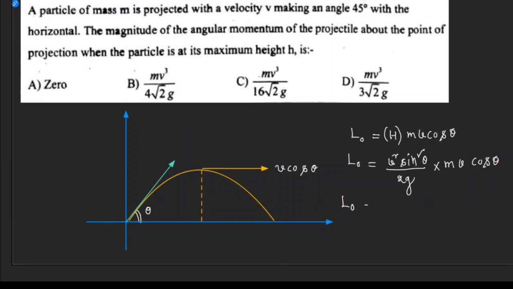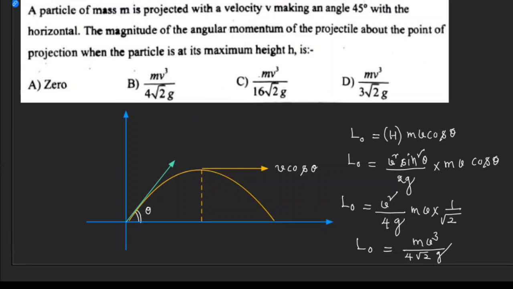So this L naught is equal to v square by 4g, and this is m into v into cos theta, which is 1 by root 2. Therefore, this angular momentum about O can be written as m v cube by 4 root 2 g. That is the answer for this.